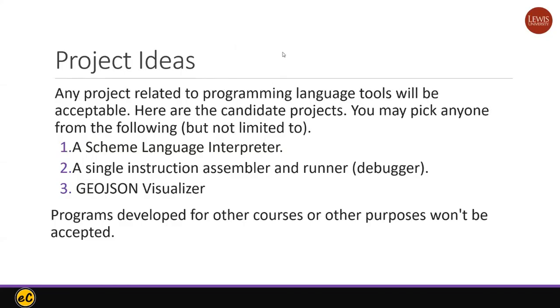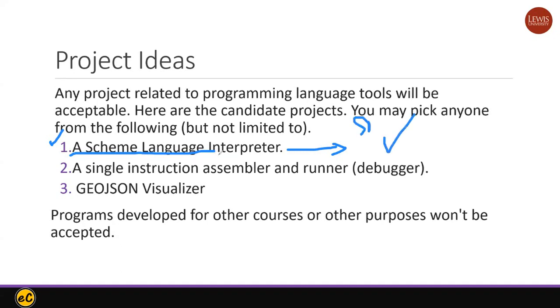Project ideas: I just told you, any project related to programming language tools will be acceptable. But if you don't have an idea, we give you 3 ideas here. Number 1, translate Scheme language: write a Scheme language interpreter, simple version or strict version.